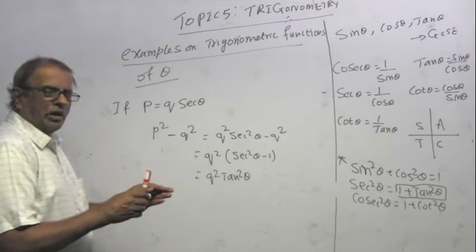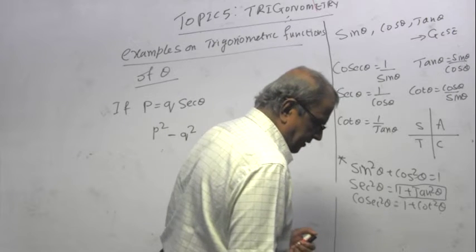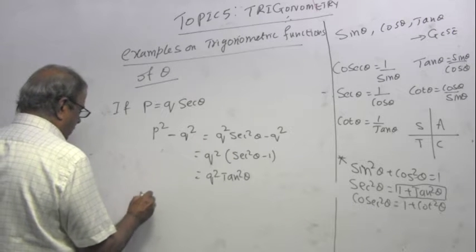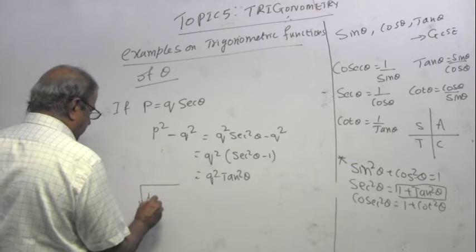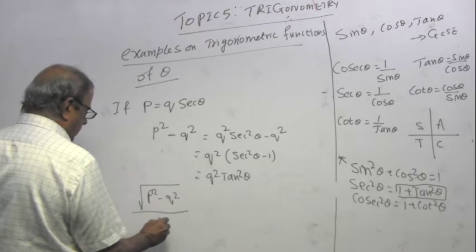No point, if you want to write as sin squared over cos squared, it doesn't make a difference. What if it is square root of P squared minus Q squared over Q?